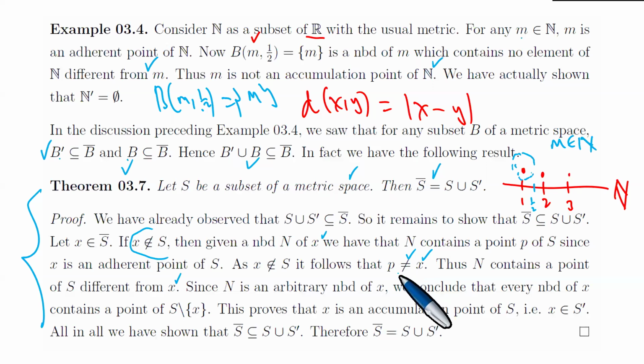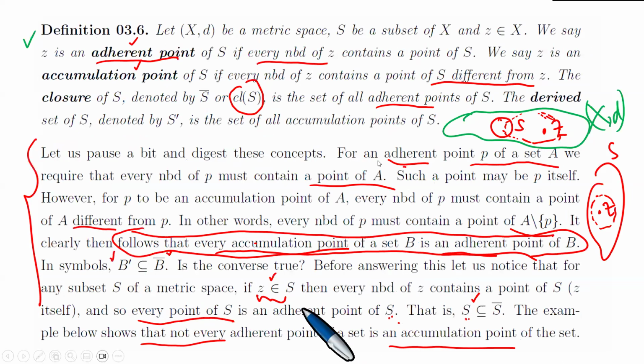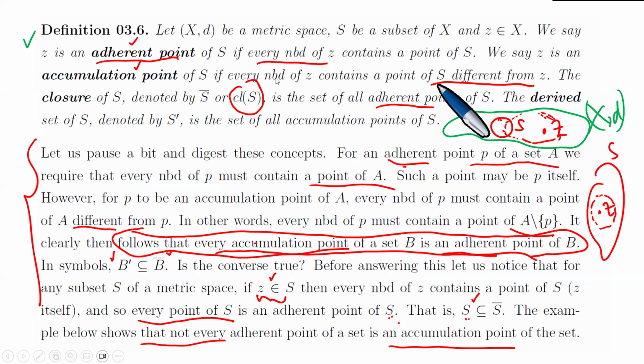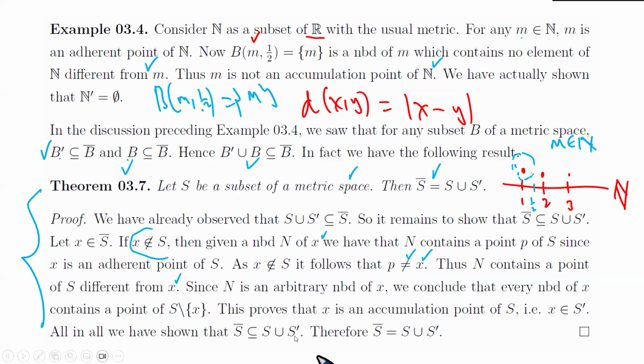If they were the same, it would border on what we call the former, the adherent point. But here it is an accumulation point because in the case of an accumulation point, the point must necessarily be different from X. So this proves that X is an accumulation point of S because of the difference between X and P. That is, X is an element of S primed.